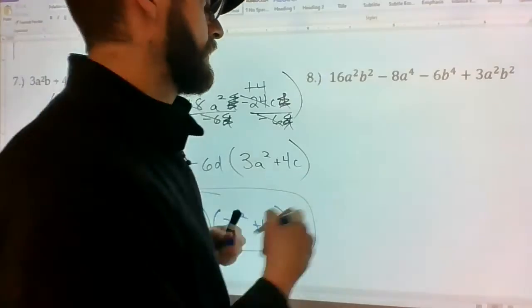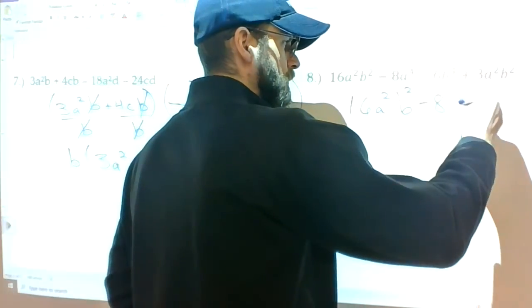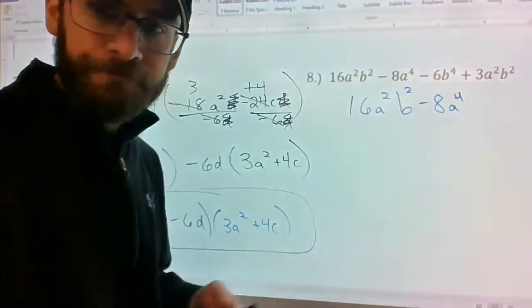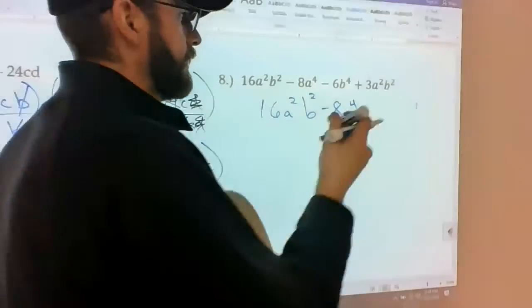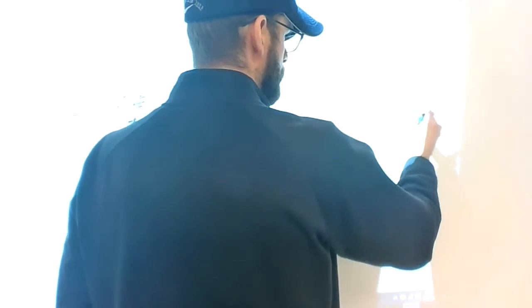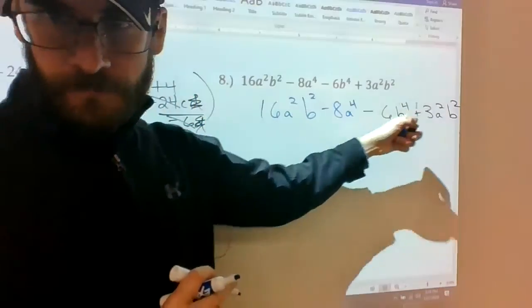See what happens. So here's my blue group. And I think we're probably going to run out of room if I don't move this thing. So blue ink, black ink.